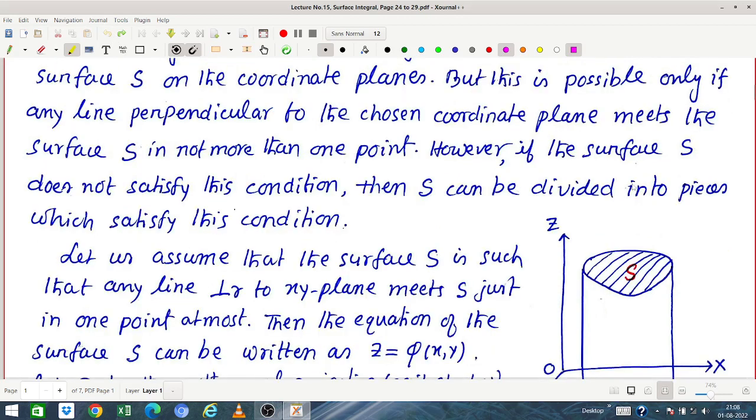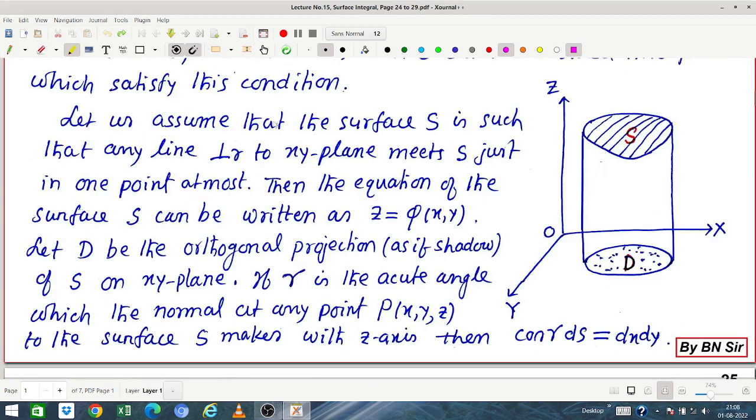However, if the surface S does not satisfy this condition, then S can be divided into pieces which satisfy this condition. For this, let us assume that the surface S is such that any line perpendicular to the xy plane, that is parallel to the z axis, meets S in just one point at most.